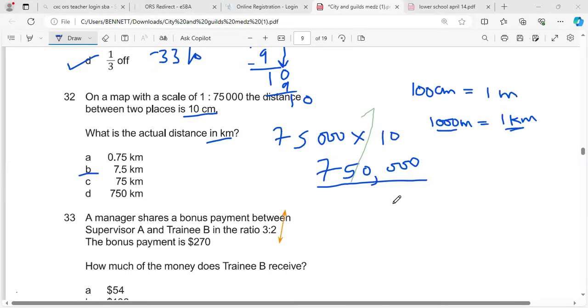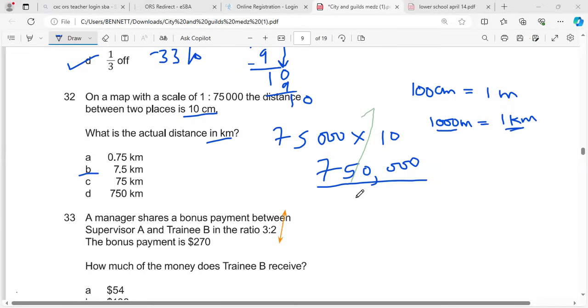But guys, you understand? I don't want them to leave without understanding why we get that. You understand how to convert from kilometer to centimeter, guys? It takes 100 centimeter to make 1 meter.